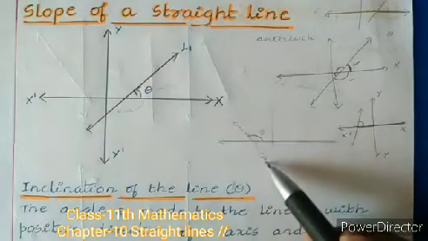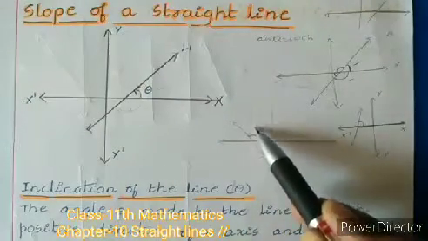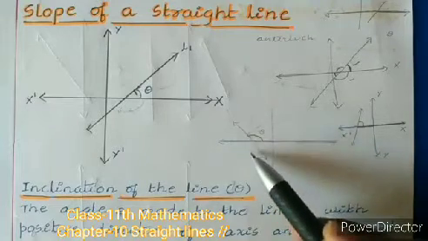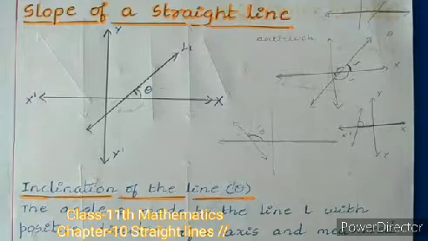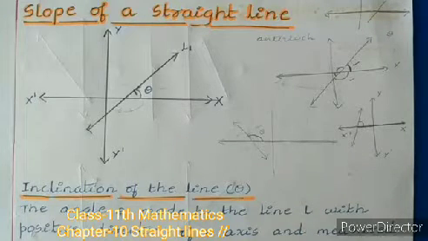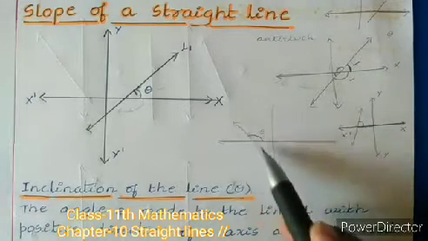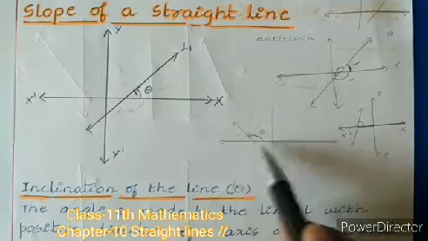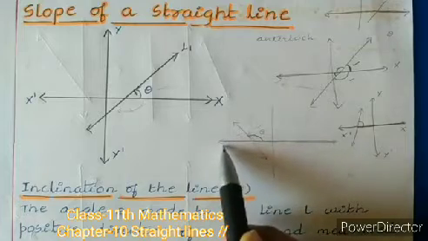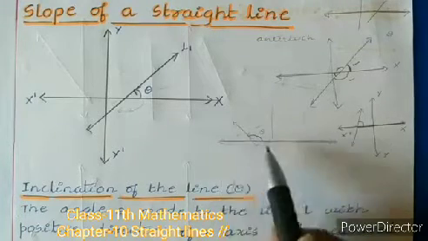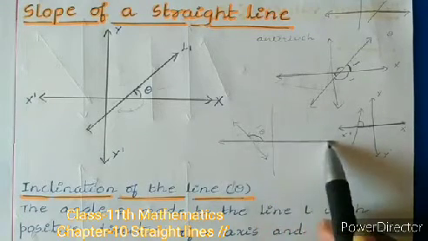See, actually this line is making 4 angles. One is this one, another one is this one, another one is this one, and another one is this one. But we are interested only in the positive direction. If you are considering a line on the x-axis, then the right side is known as the positive direction and the left side of that line is known as the negative direction. So now we need this particular direction.